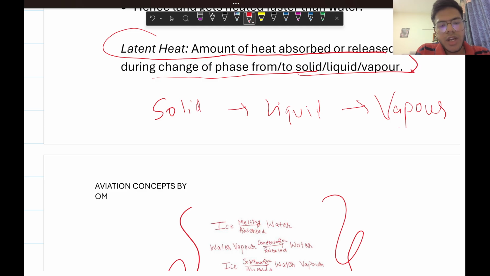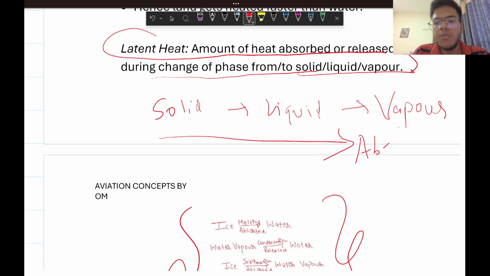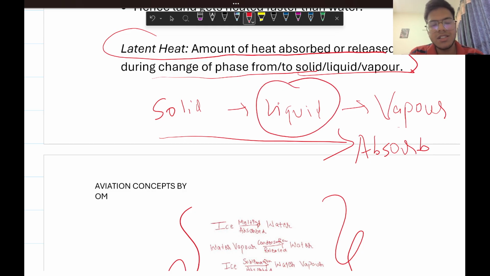Okay, so guys, if you have to go this way, it means you have to absorb the heat. Because suppose I am a solid, if I need to convert into liquid, I need heat, only then will I be able to convert into liquid. Similarly, if I am a liquid, suppose that's water, that water has to absorb heat to convert into vapor.